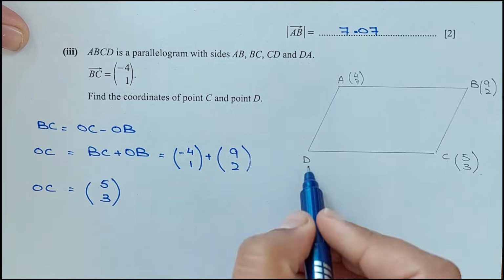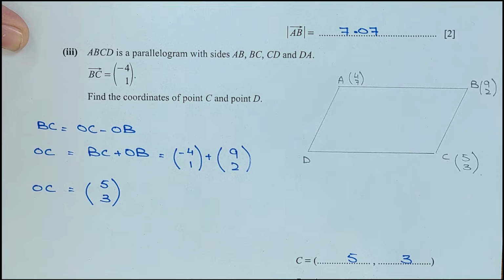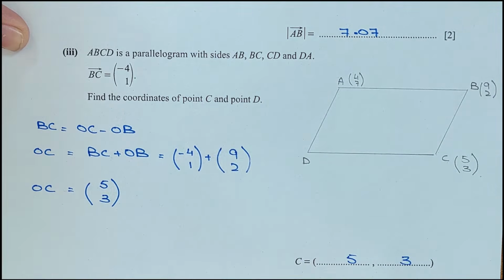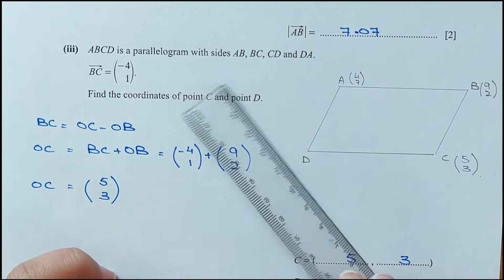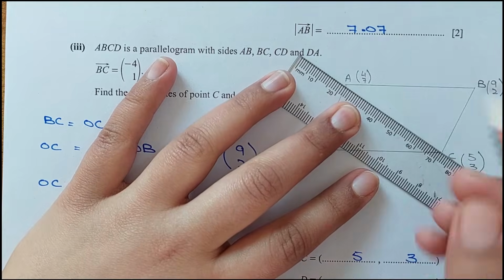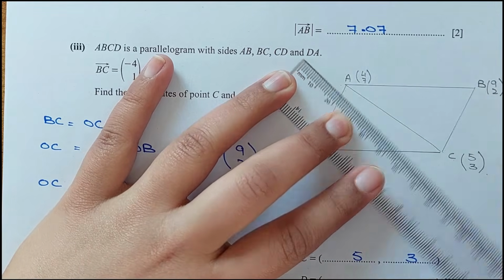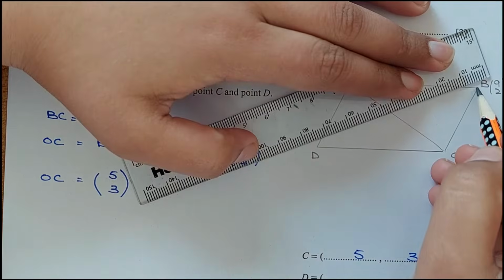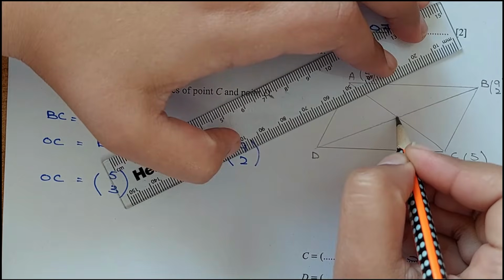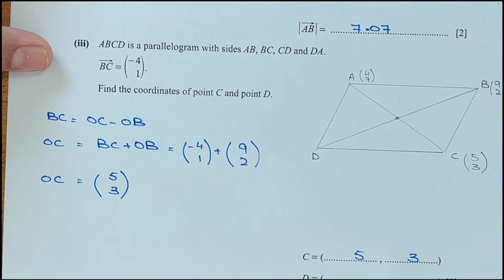Okay, now we have to find the coordinates of D. Since it is a parallelogram, we know that the diagonals of the parallelogram bisect, right? They intersect at their midpoints. So the diagonal AC bisects the diagonal BD at their midpoints, right? So they intersect at the midpoint.